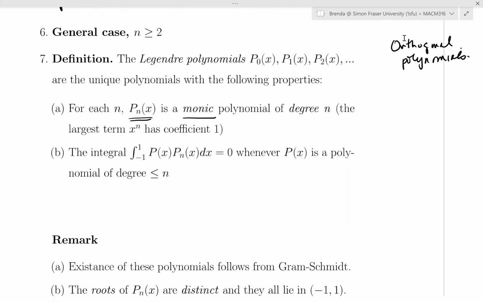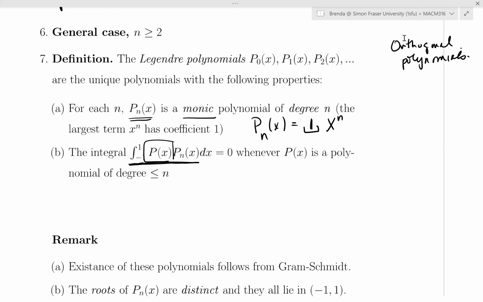So they all look like this: the something of x is something times x to the largest power, and that something is always 1. That's what it means to be monic. And when we integrate from -1 to 1, we always get 0 whenever we have this polynomial of degree less than or equal to the degree of x.